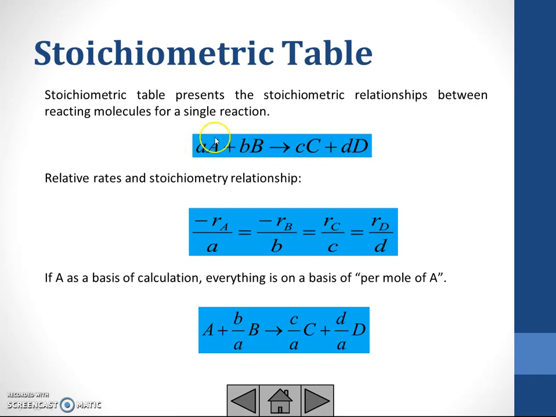You are assuming that A is completely being used. Therefore everything is divided by the stoichiometric coefficient of A. So you will get A over A plus B over A producing C over A plus D over A. When you assume everything is on a basis of per mole of A, we are using A as your reference.